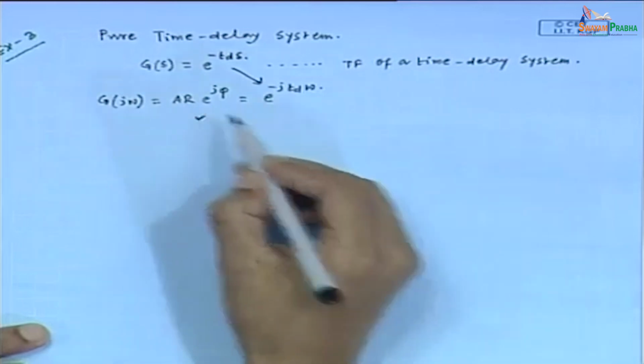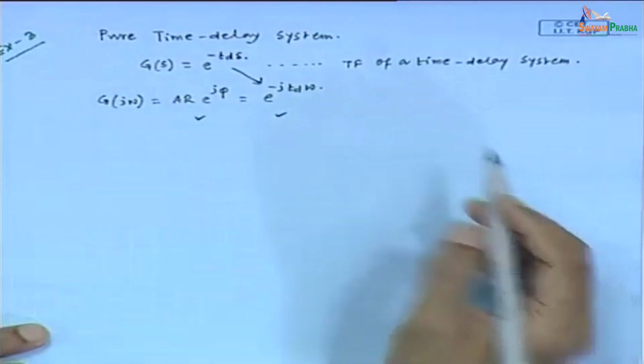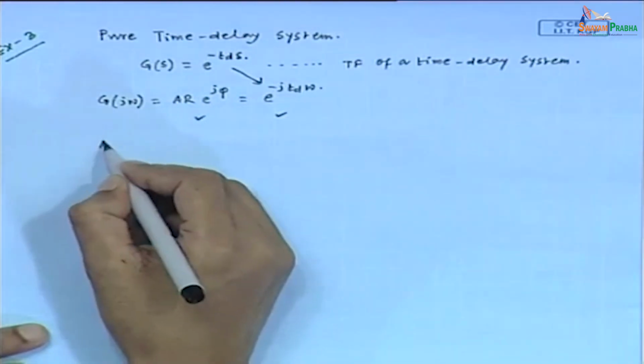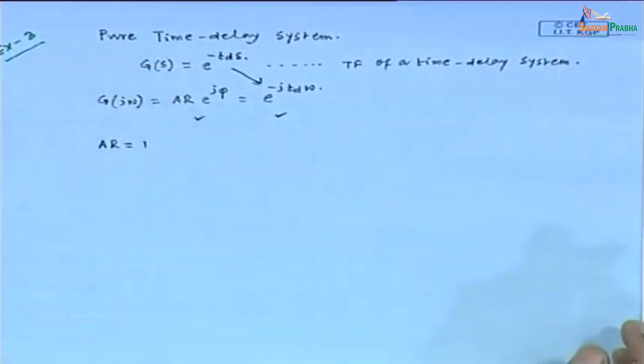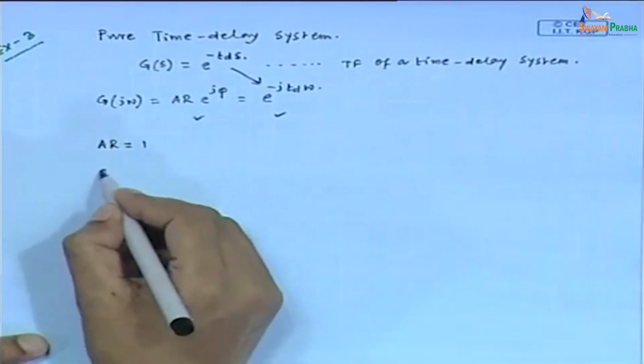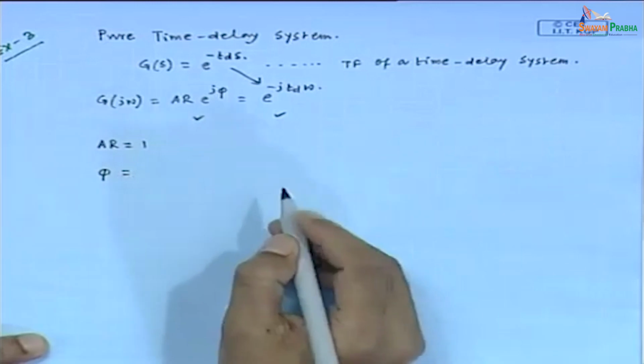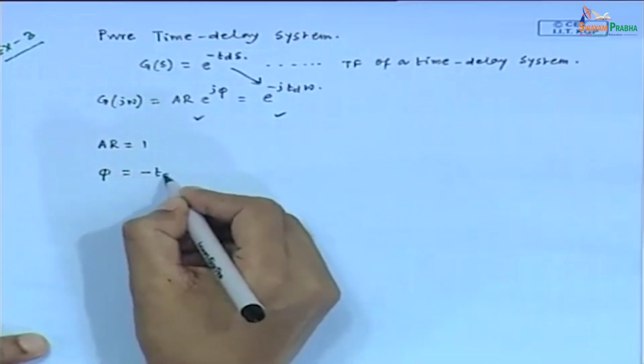Now, if we compare these, then we obtain amplitude ratio equals to 1 and phi equals minus T_D omega.